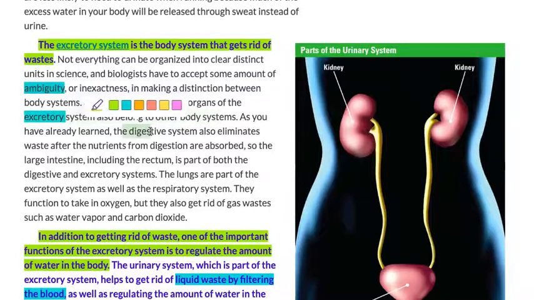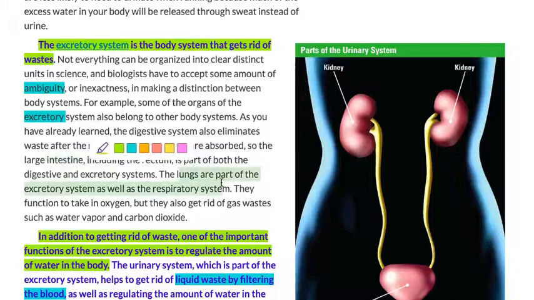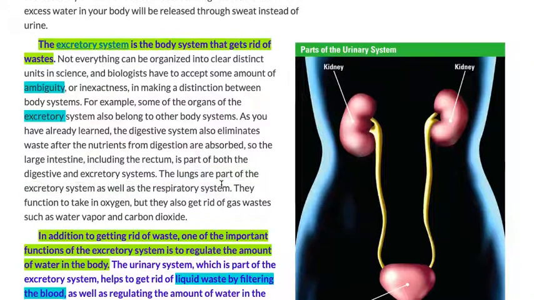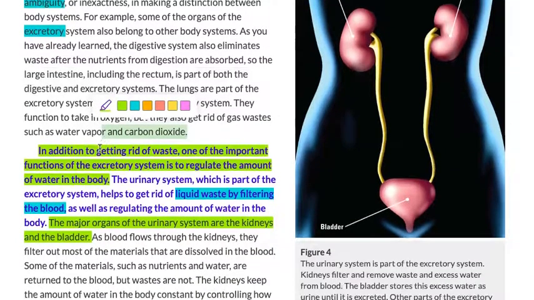We've learned that the digestive system eliminates waste after nutrients from digestion are absorbed. So the large intestine, including the rectum, is part of both the digestive and excretory systems. The lungs are part of the excretory system as well as the respiratory system. They function to take in oxygen, but they also get rid of carbon dioxide waste.